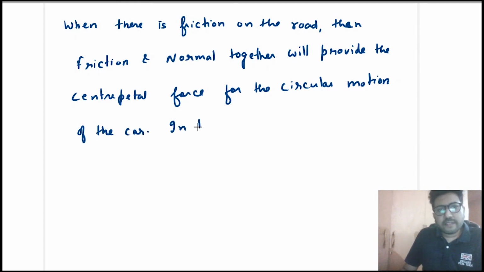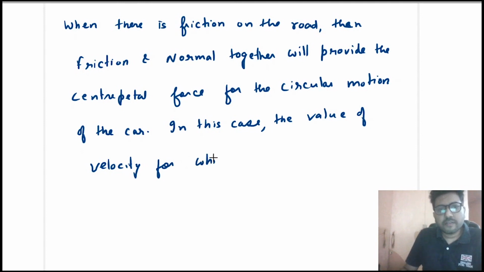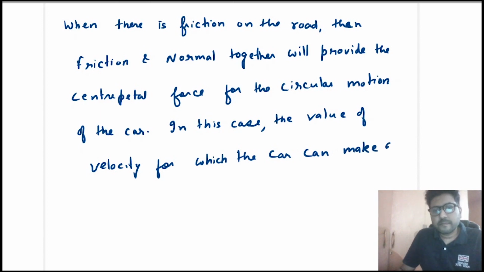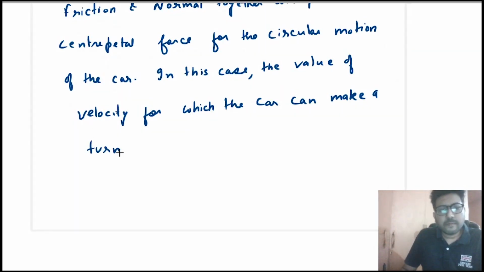In this case, the value of velocity for which the car can make a turn is a range and not a single value.